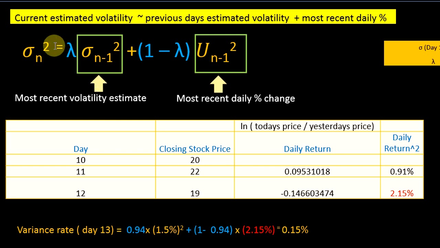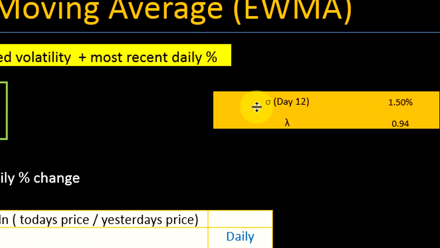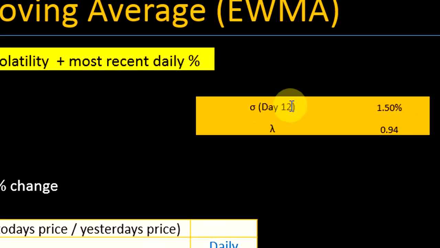So lambda times the most recent volatility estimate squared, which is 1.5% squared, plus, remember this 1.5% is from here, the recent volatility estimate. In other words, when we were in day 12, we estimated the volatility to be 1.5%.